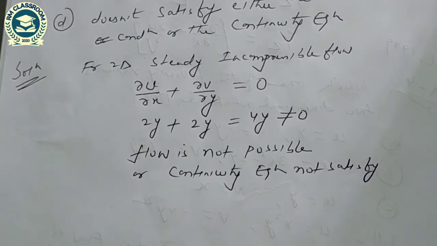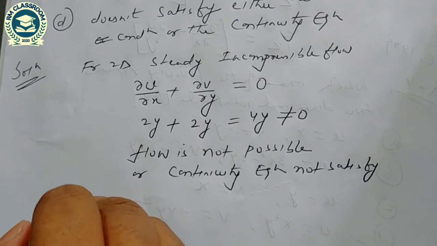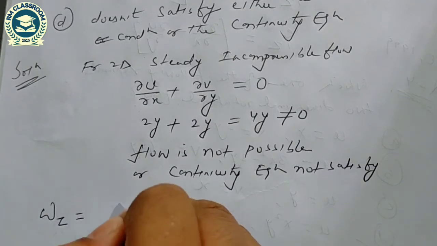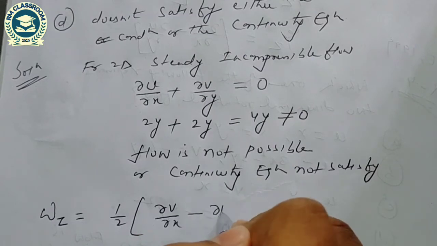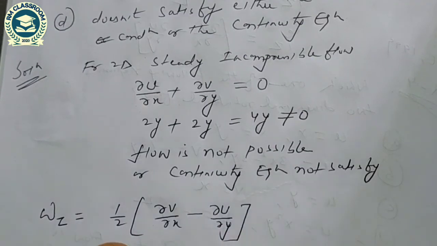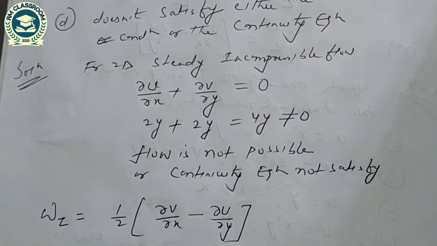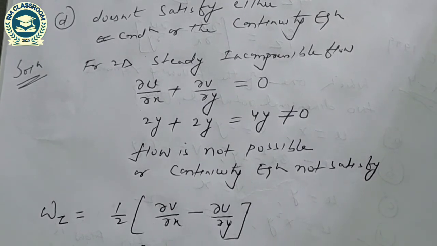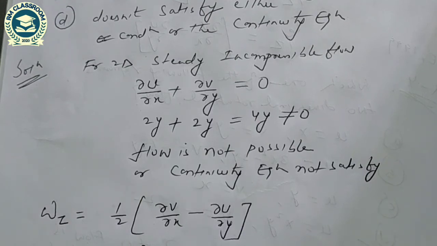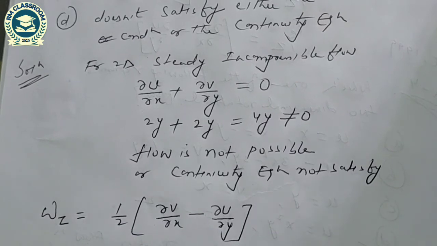After that we have to check the irrotationality. So the rotational component in z direction is equal to 1 by 2 del v by del x minus del u by del y. So 1 by 2 of 2x minus 2x, so it is 0.